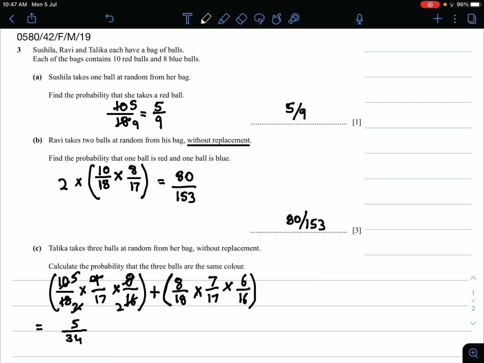Now let's move on to this. 6 and 18 can get cancelled because 6 3s are 18, and again 8 and 16 can get cancelled because 8 2s are 16. So plus 7 divided by 3 multiplied by 2 multiplied by 17, so 102.